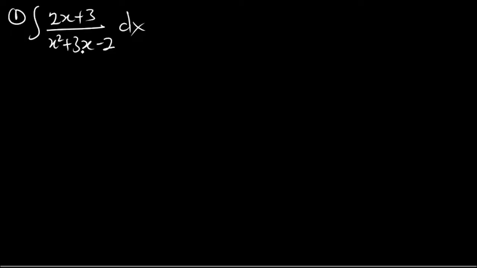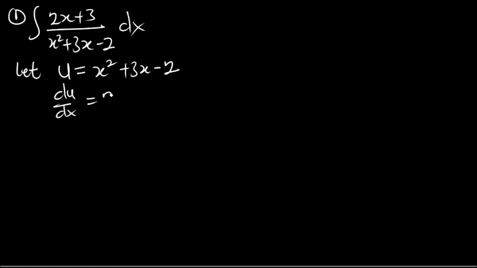So first, we will do what we call substitution again. We can say let our u be equal to the denominator, which is x squared plus 3x minus 2. Are we okay? Since we are bringing in the u, we have to take care of dx. So I can say du with respect to x is going to give me 2x plus 3. So making dx the subject, I'm going to get dx equal to du on 2x plus 3.